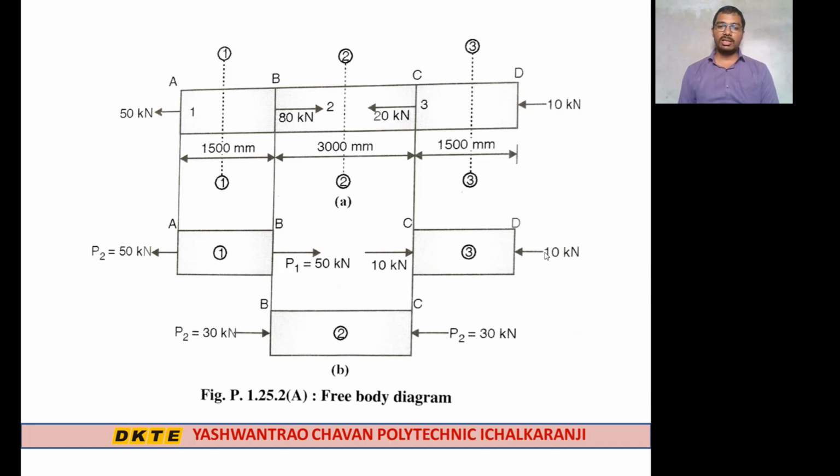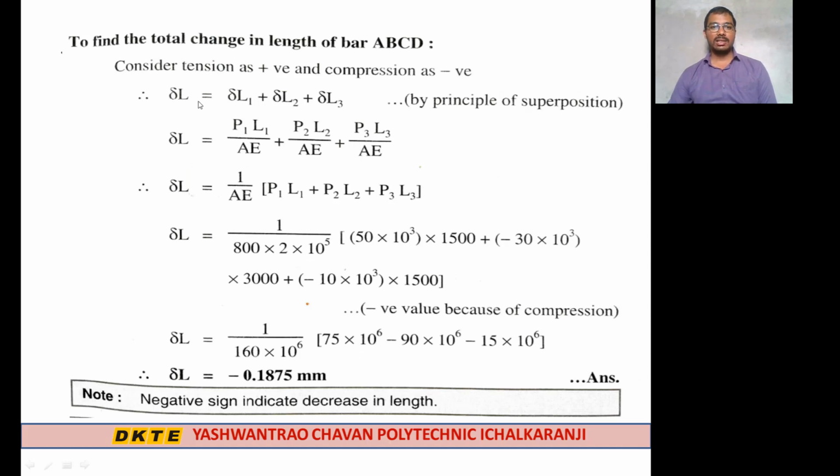Here P1 is 50, P2 is 30 and P3 is the 10 kilonewton load. Calculate the total change in length of each section and sum it. Delta L is equal to delta L1 plus delta L2 plus delta L3. Again, tension is positive and compressive is negative. AE is common: P1 L1 plus P2 L2 plus P3 L3. Put the value of AE, 50 into 10 raised to 3. This is the tensile force, taken as positive. 1500 is the length, minus 30 means this is a compressive load, and this is the length, and minus 10 is again a compressive load.